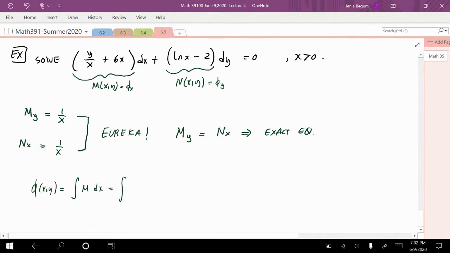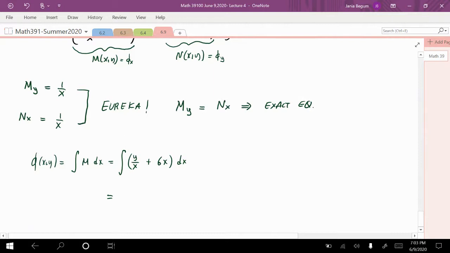We have y over x plus 6x, and we're integrating with respect to x. Here again, y is playing as a constant, so the integral of 1 over x is just ln of x, plus the integral of 6x with respect to x, which is 3x squared, plus what? g of y.